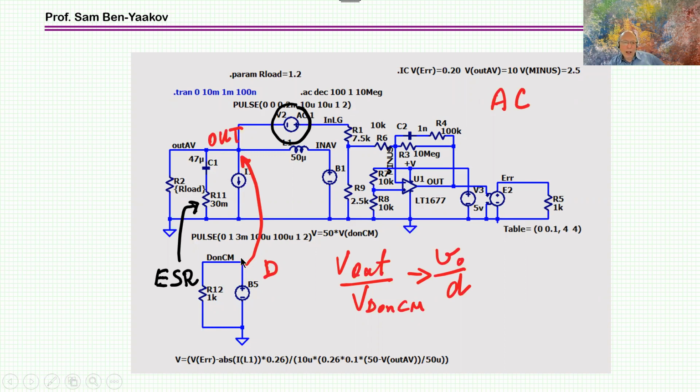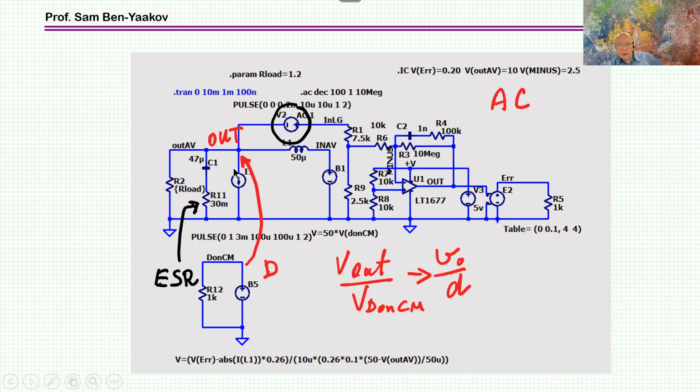So here, I'm going to see an AC component, and here, I'm going to see an AC component, and the ratio between here and here is the transfer function in open loop between duty cycle and the output. This is something we did in the lecture before, okay? So it is closed loop now, but I can get partial transfer functions from point to point because I have all these values here.